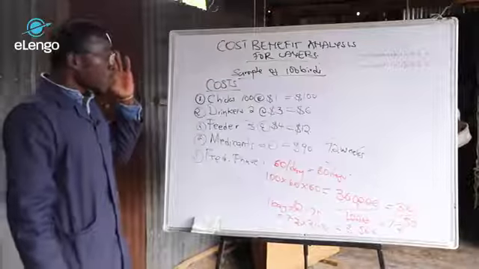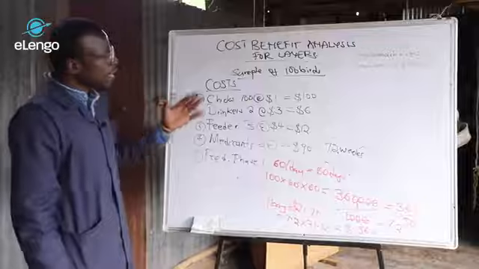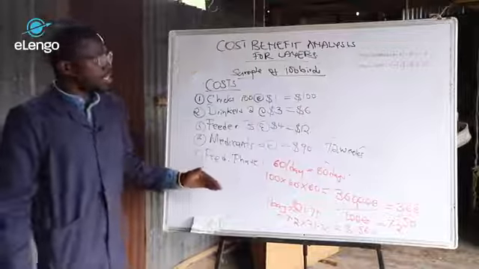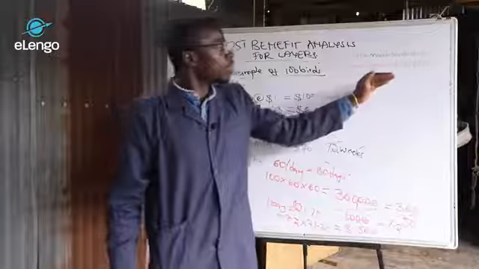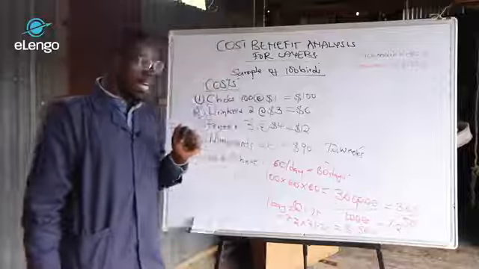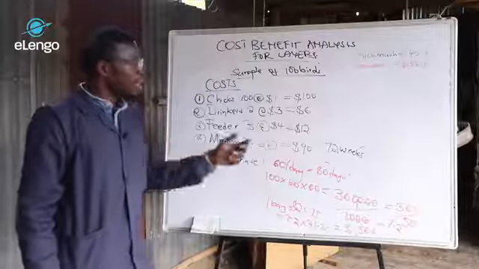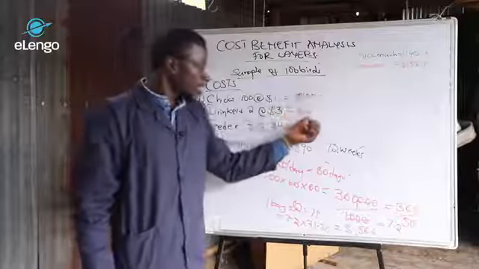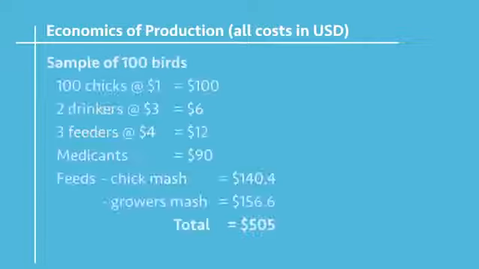So we can only do our estimated cost of production up to the 4th month, which shall be $100 plus 6 plus 12 plus $90 plus 140 plus 156 as our total cost of production.